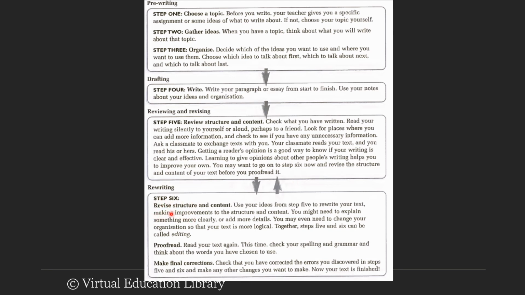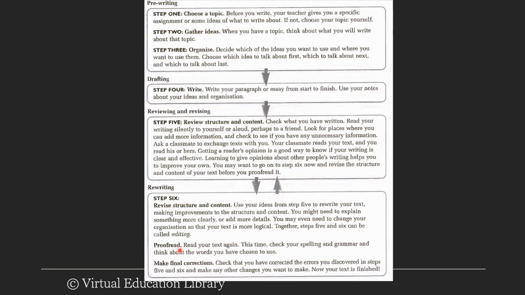So that's step 6. Revise structure and content. Use your ideas from step 5 to rewrite your text, making improvements to the structure and content. You might need to explain something more clearly or add more details. You may even need to change your organization so that your text is more logical. Together, steps 5 and 6 can be called editing.